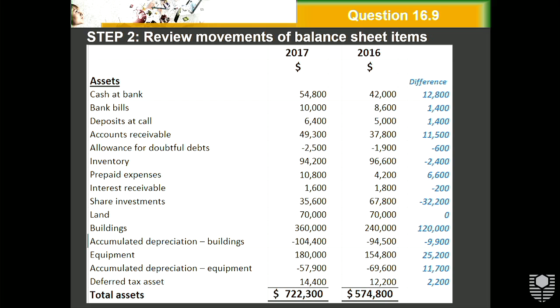Now our share investments are an investing activity. All the other ones were operating activities. Our land and buildings are investing activities. Notice how with our buildings, we've got a variance of 120,000. Have we got anything in the notes about buildings? We haven't, have we?